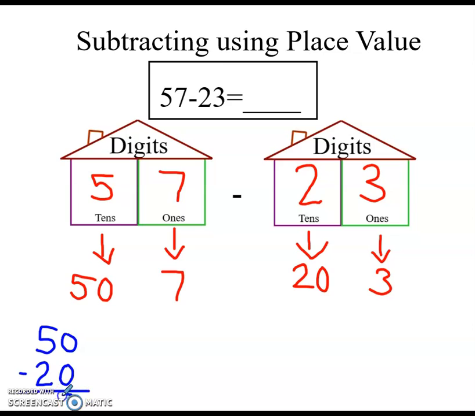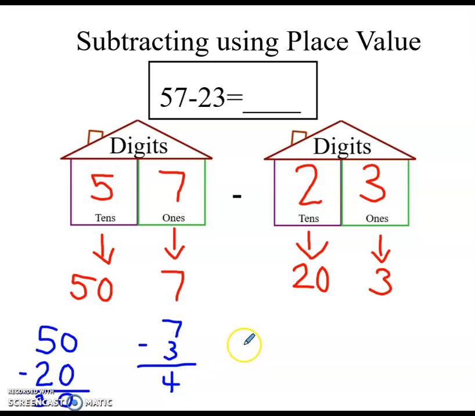And I get, well, 0 minus 0 is 0. 5 minus 2 is 3, so that's 30. Okay, and now I'm going to do 7 minus 3. And that gets me 4.